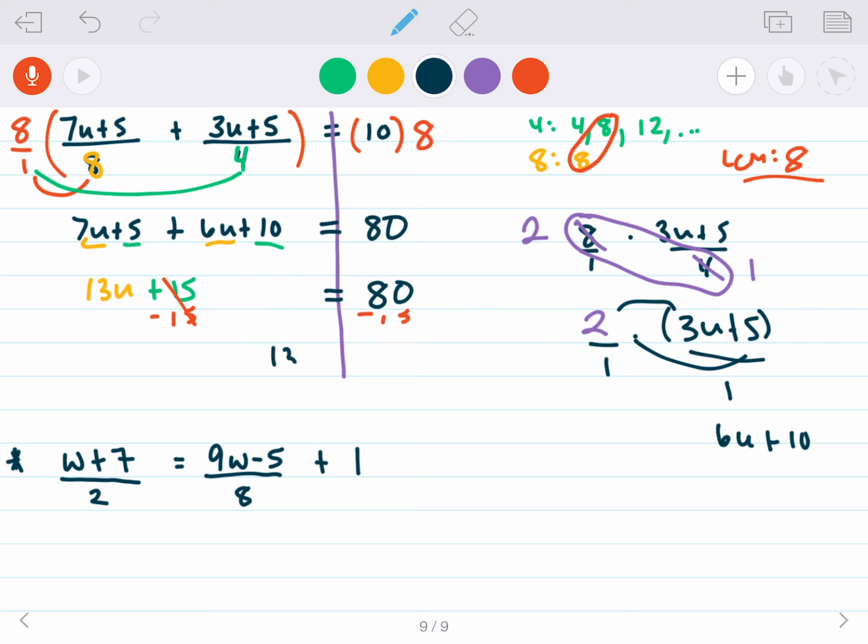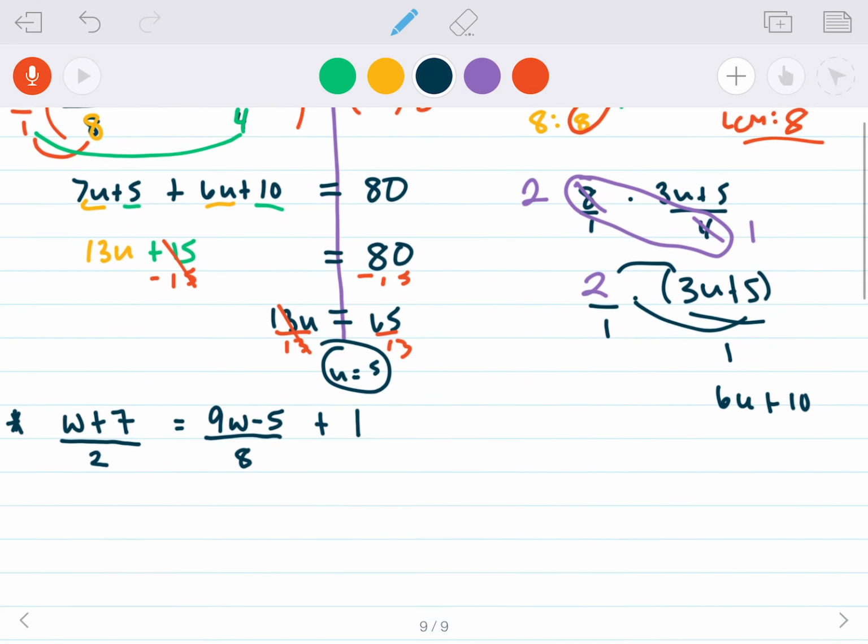And so I get 13 times u is equal to 65. Divide both sides by 13, and I get 5. So u is equal to 5.